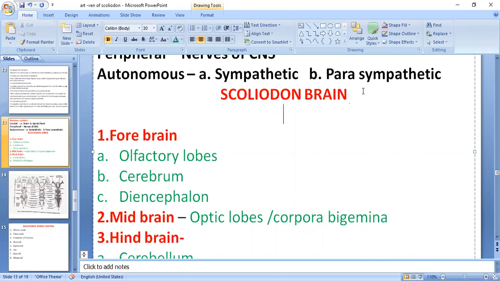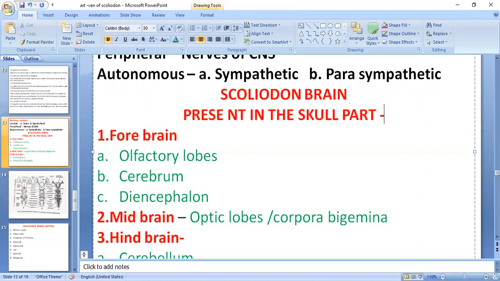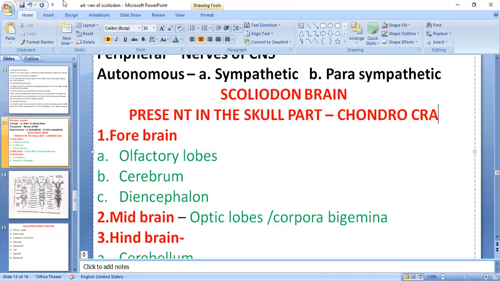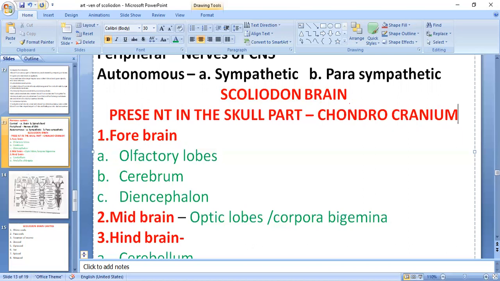Brain of the scoliodon. That's right. Present in the skull part called chondrocranium, because this is made of cartilage.